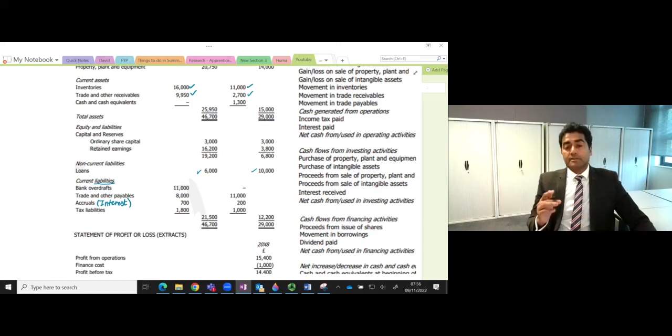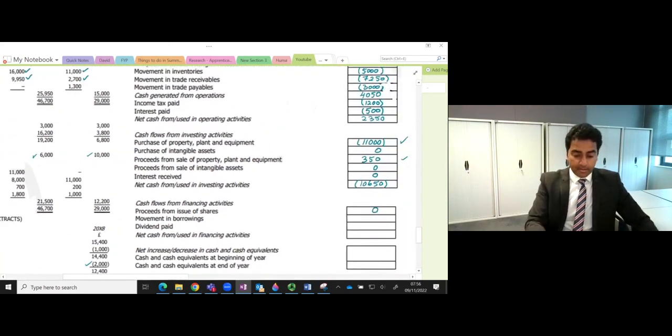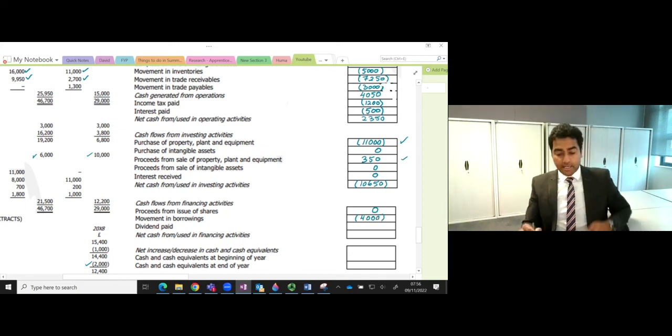The opening balance of the loan was £10,000 and now the loan is £6,000. So again, remember that this is a cash flow statement. We are looking for cash going out or coming into the business. And when we repay our loan, there is a cash outflow from the business bank account. And therefore, there is an outflow. Therefore, I'm going to record it as a negative figure in the cash flow statement.